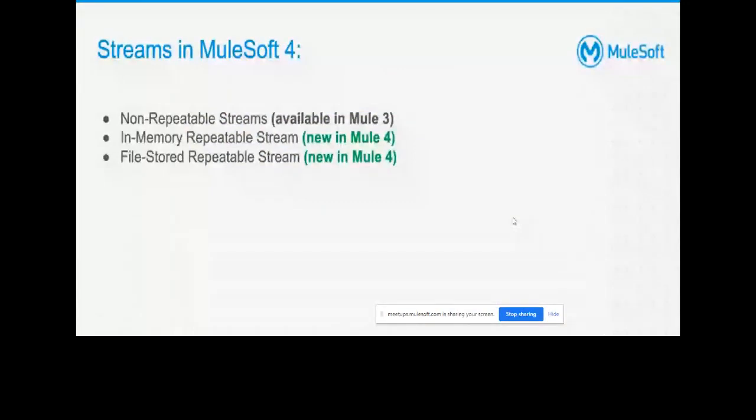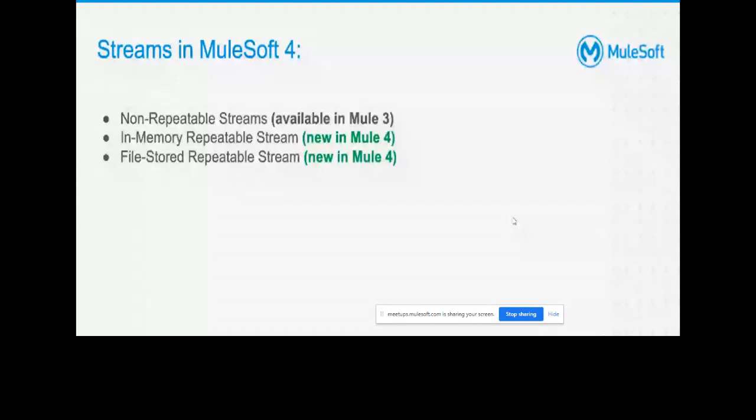Now we will see the streams in MuleSoft 4. Earlier in MuleSoft 3, we used to have only non-repeatable streams. Let's understand this case first. Non-repeatable streams, in the sense that, let's suppose there was a fish in the sea. Once you catch that, you cannot catch it again at some other point in the river.